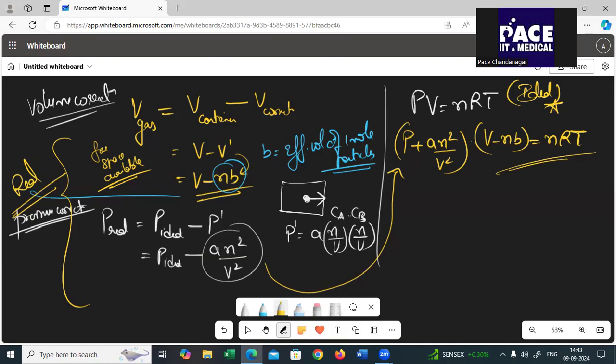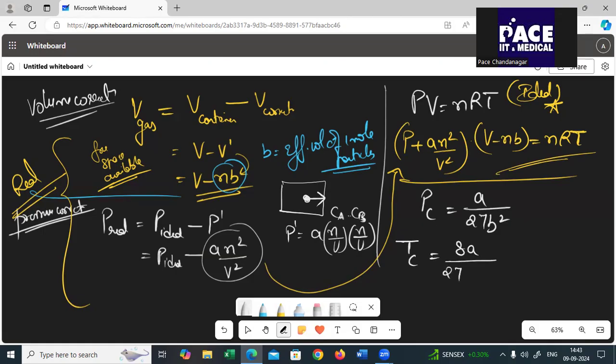And here we have something called critical temperature, critical pressure, and critical volume. Pressure critical is a by 27 b square. Please note these formulae, very, very important. Critical temperature is 8a by 27 bR, where R stands for the ideal gas constant.